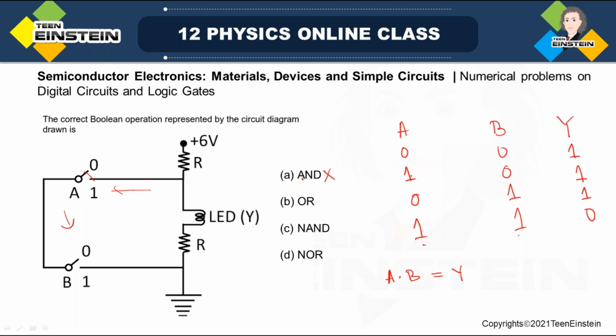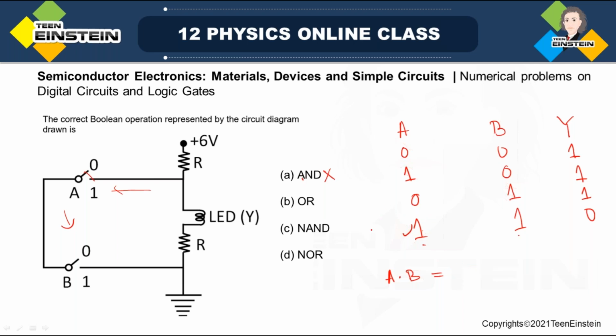So if it is OR, then if either of the switches A and B are on, we should get output. But here see the last option, what it is saying.